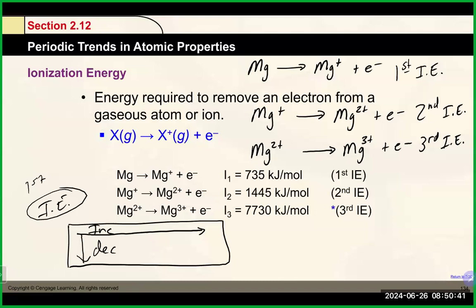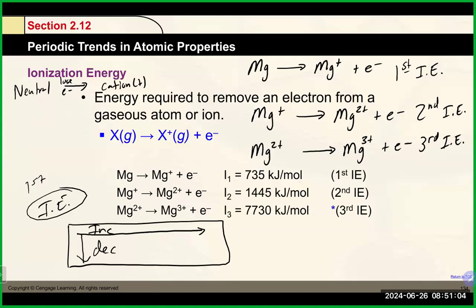Something becomes positively charged. So if I have a neutral guy and I lose an electron, I become a cation, which is positively charged. And that's what ionization is about: when you lose electrons and become positively charged, you become a cation.